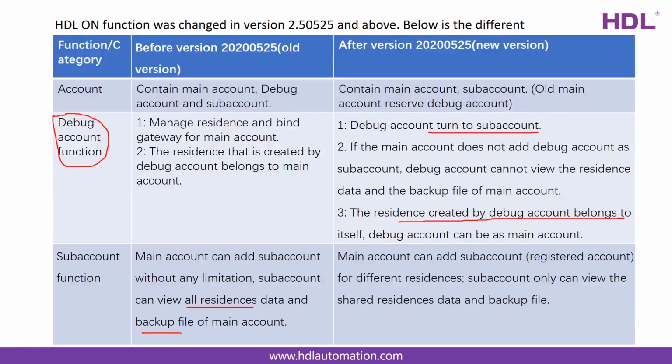But for the new HDL ON app, the main account can add sub accounts for different residences. The sub account can only view the shared residence data and big file, so the sub account cannot view all the residences. It just can view the shared residence data and the big file. There is a difference in accounts.